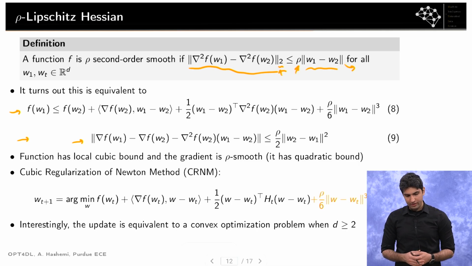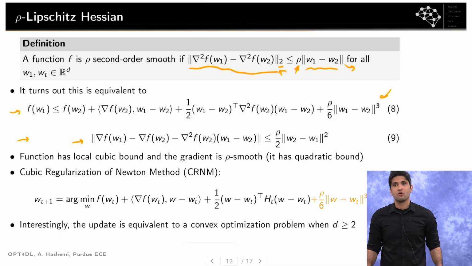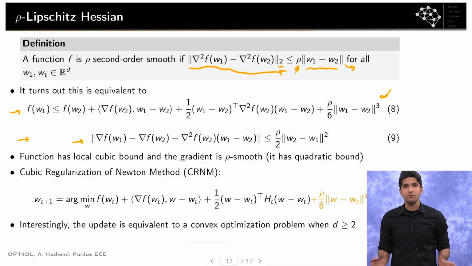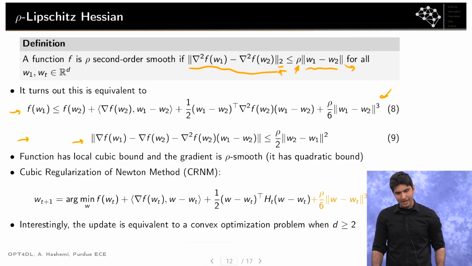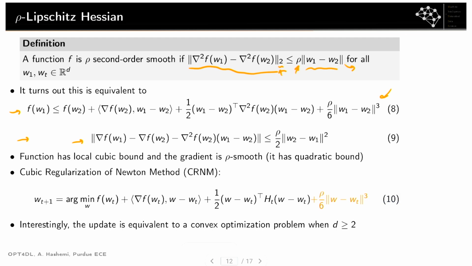Now, in this case, where we have second order smoothness, we have a cubic upper bound on the function locally. So what's our idea? The idea is to minimize this cubic upper bound iteratively, okay? And this is exactly what we're going to do. This gives rise to an elegant algorithmic idea, called the cubic regularization of the Newton method.